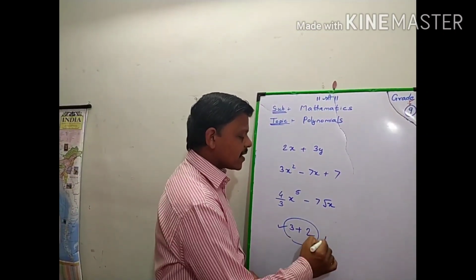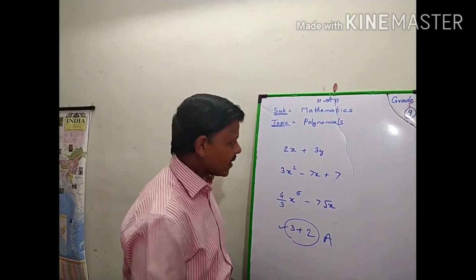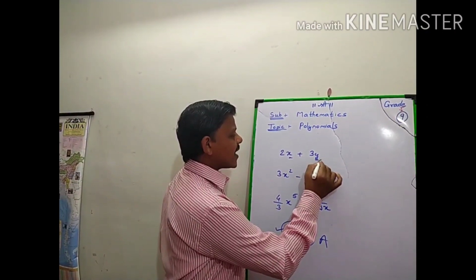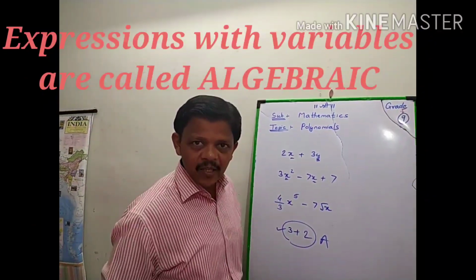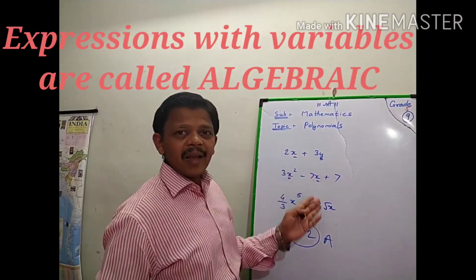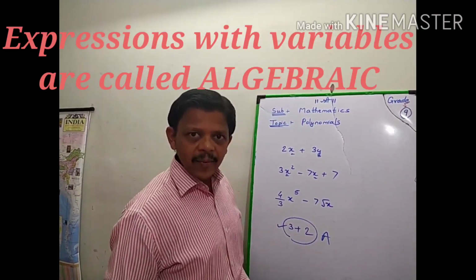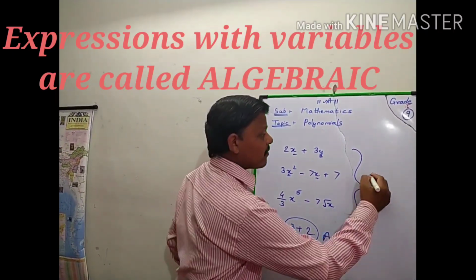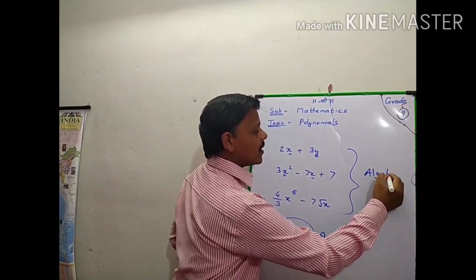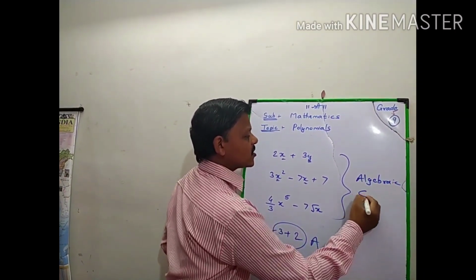It remains arithmetic. But the moment the variables get introduced, it becomes an algebraic expression, and our polynomials are nothing but the extended part of algebraic expressions. So first thing we need to do is revise, recall our algebraic expressions.